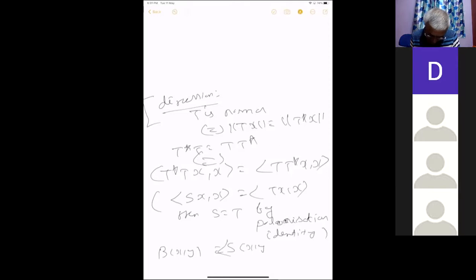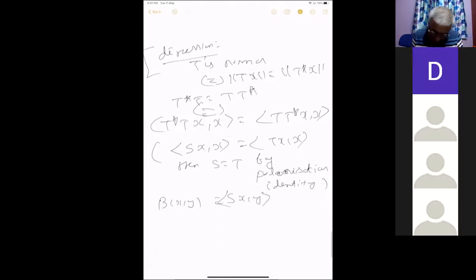Then 4<Sx,y> equals the summation of i to the power k <S(x + i^k y), x + i^k y>.